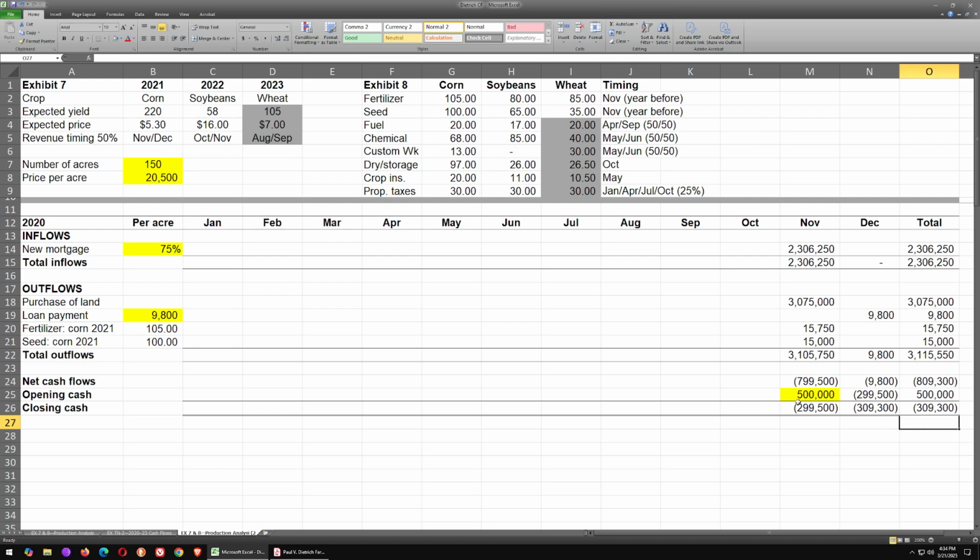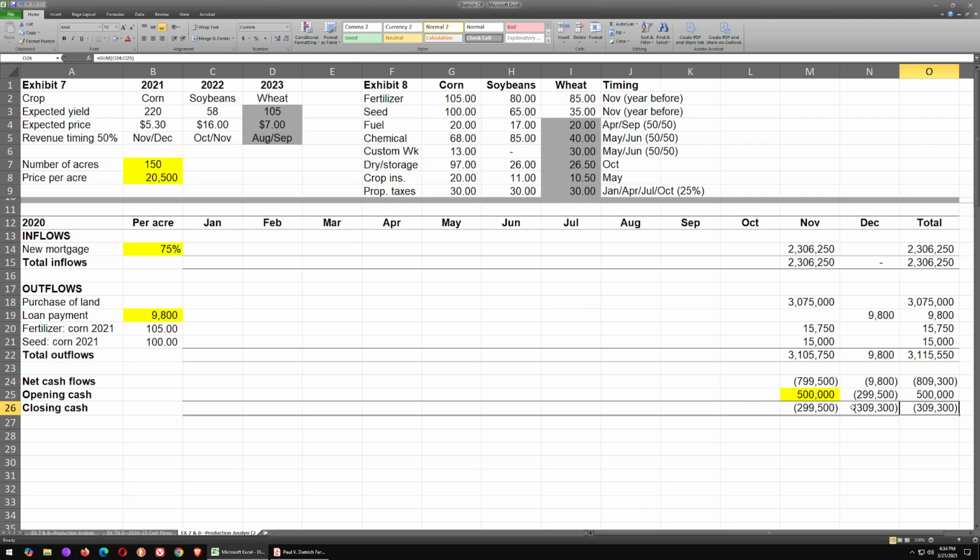In other words, you want this number to represent that you started with this beginning cash flow, you had these changes, and you ended up with this closing cash. So that is what ends up happening. And you'd be surprised how many times people get this part of the cash flow analysis incorrect when they're doing the net cash flows and the opening and closing cash. They just sum it up and it comes out really wrong.